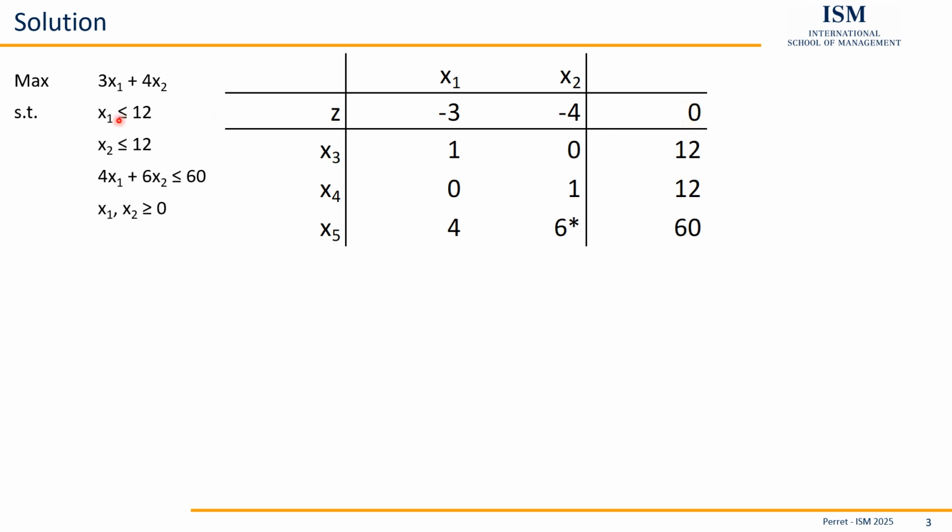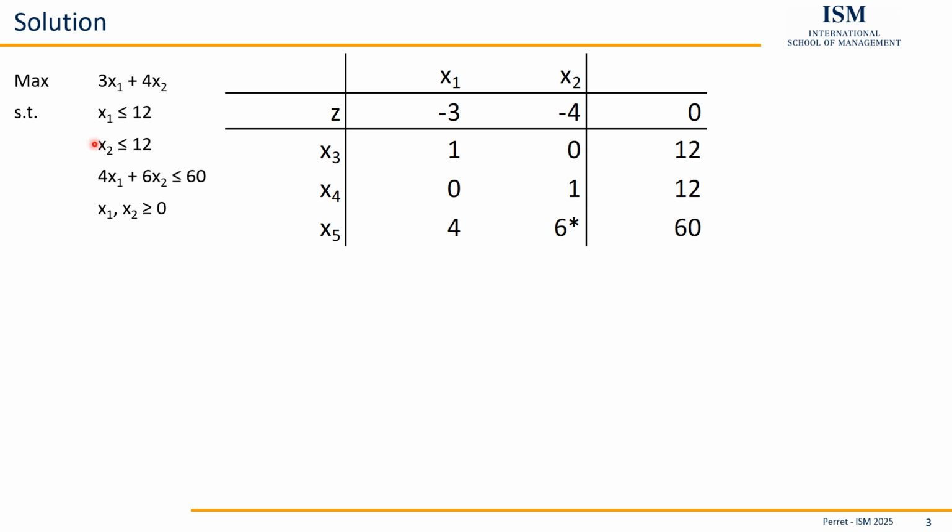Since, as I said, we have smaller or equal to constraints, we can simply take the coefficients we have here and the right side values we have here into our table. Well, first constraint, it's 1x1 plus 0x2, since there is no x2, smaller or equal to 12, so I have 1x1, 0x2, and a 12 on the right side.